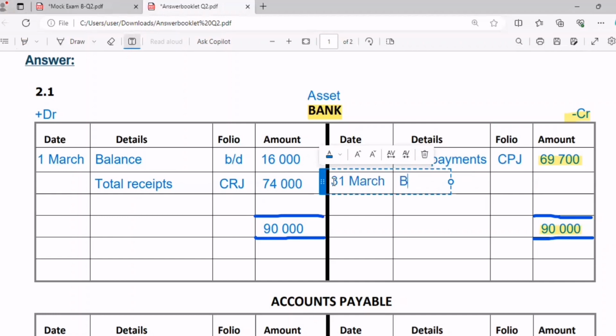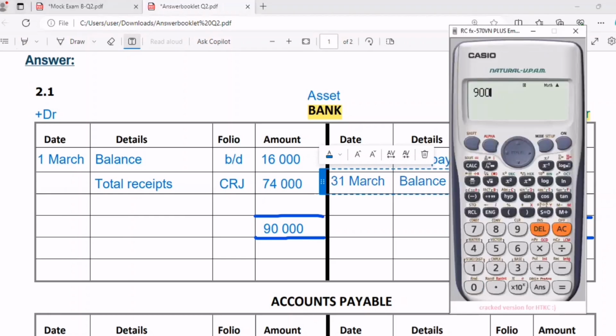So balance carried down. Now let us get the balance carried down. So the balance carried down is the balancing figure, guys. So you take 90,000 and subtract 69,700.